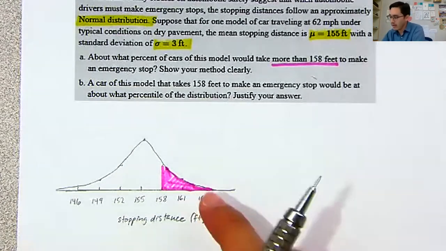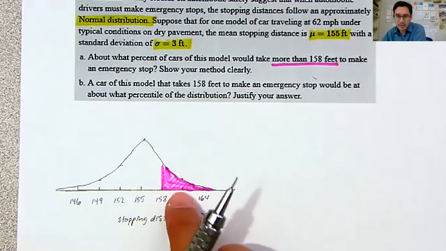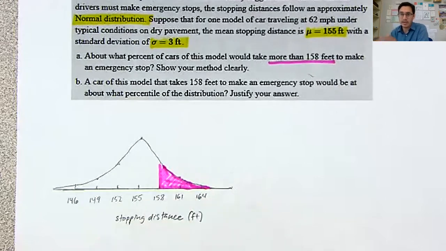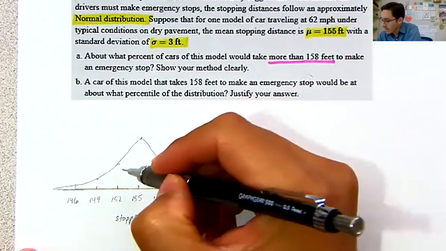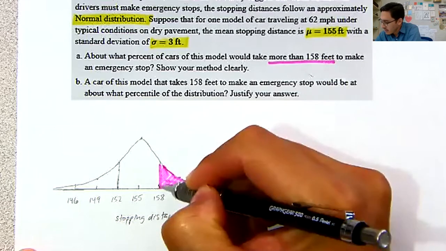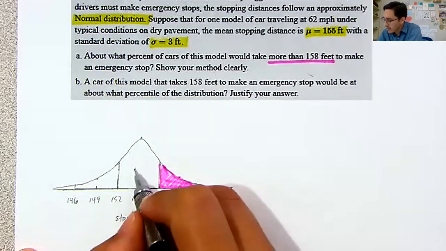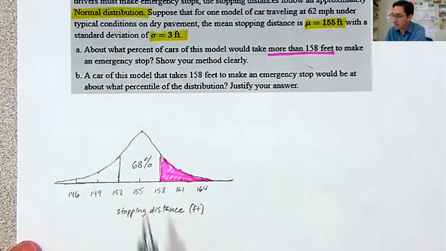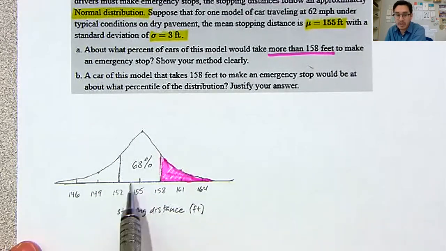All right, so how can I figure out the size of this area? All I know now is the empirical rule, right? 68, 95, 99.7. Well, I could say, because of the empirical rule, that 68% of cars will have stopping distances between 152 and 158.